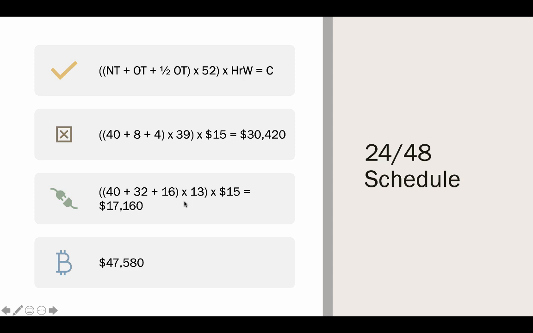That's just for 13 weeks, just 1/4 of the year. Times $15 an hour gets me $17,000. Add that together, and now my base salary, even though I'm still making $15 an hour, the same as my 12-hour shift brethren, now my salary jumps to $47,000 per year.